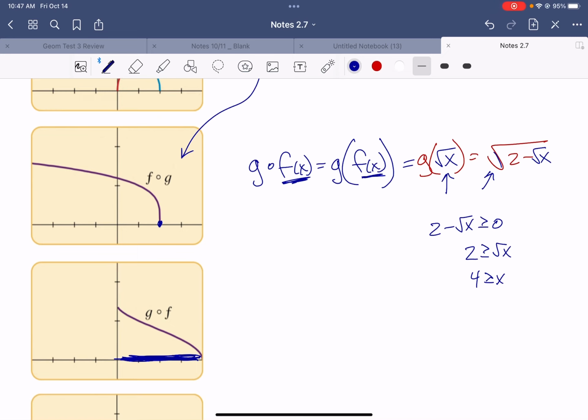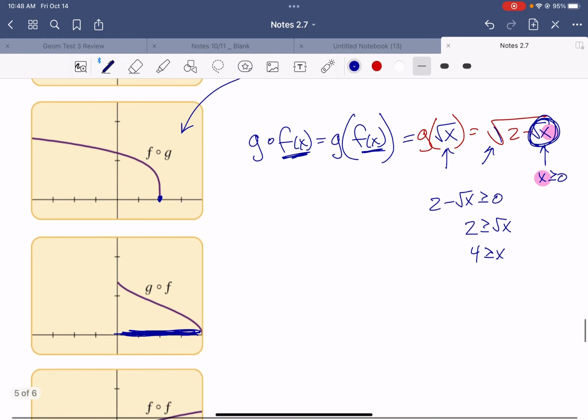You're only allowed to plug in things between 0 and here, but why do we know that those x's are always positive? Well, because what you plug in inside of that radicand also has to be greater than or equal to 0. Since x is the only thing in the radicand, x has got to be greater than or equal to 0. Cool.